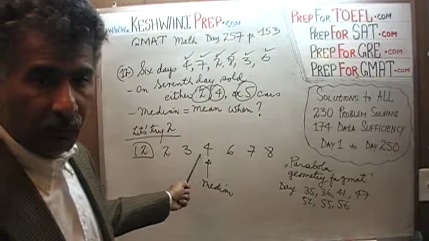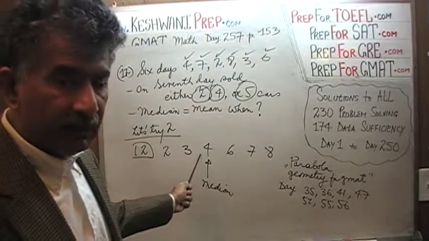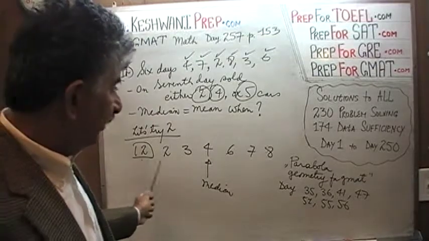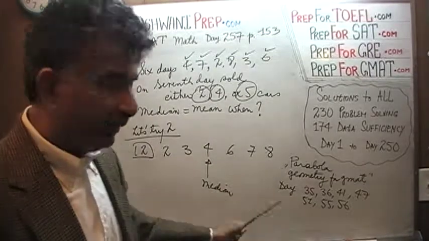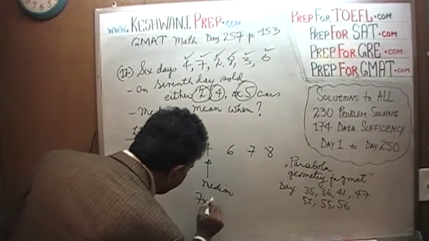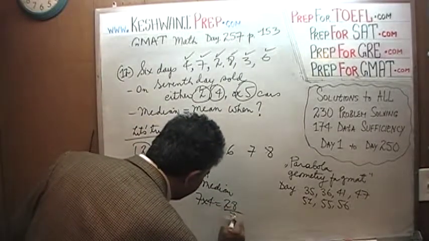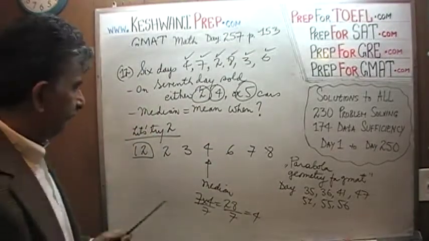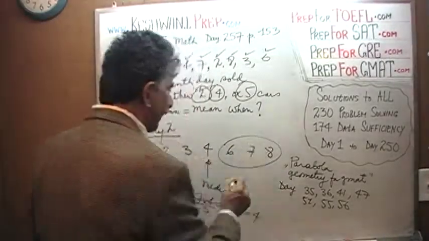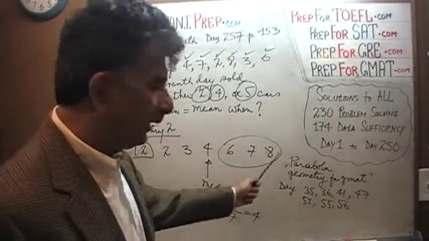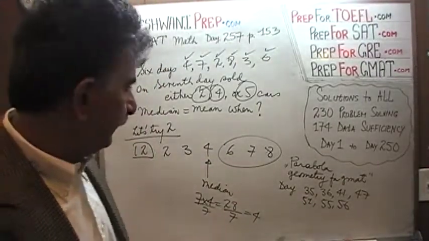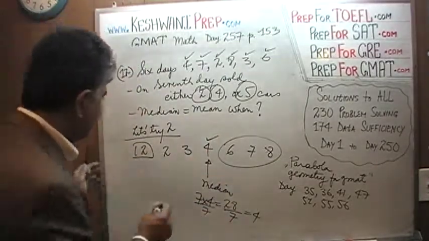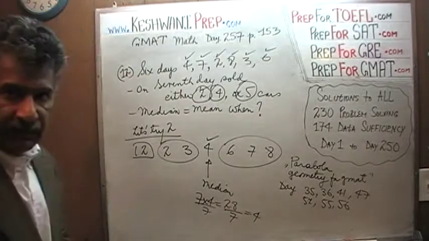Since the median is 4, in order for the mean to be the same as the median, the sum of these numbers would have to be 28, because 7 times 4 is 28, and 28 divided by 7 is going to give us 4. Let's see what they add up to. These 3 numbers are very easy to add up. 6, 7 and 8 is simply 7 times 3, so that's 21. 21 plus 4 is 25. 25 plus 5 is 30.